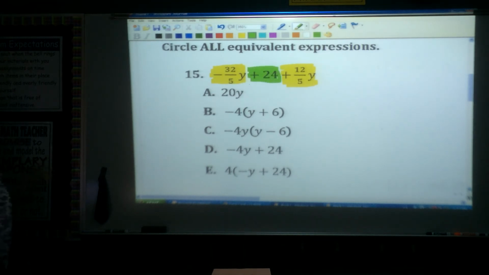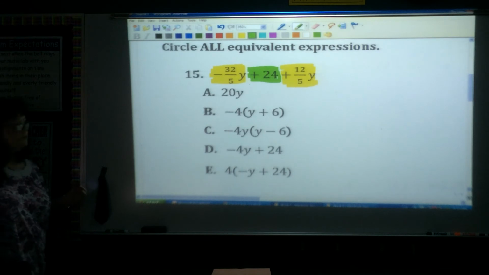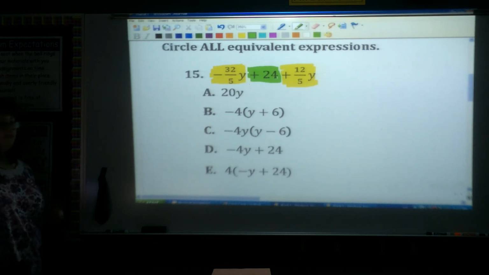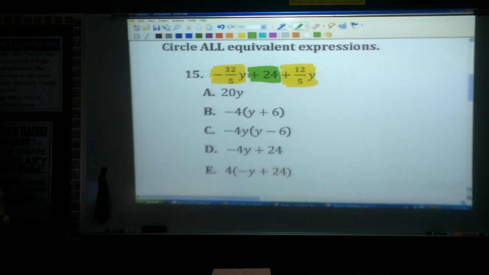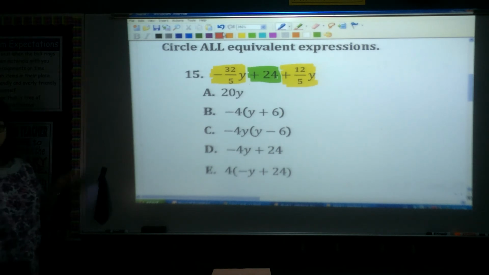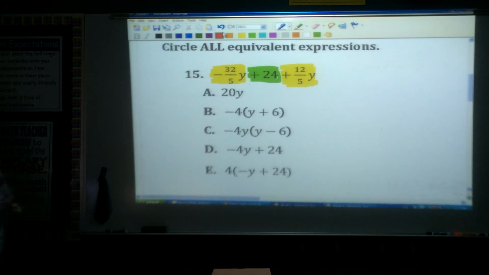So no matter what we get when we combine the y's, we have to have a plus 24 with it. I'm going to stop here and go through my answers and look for that plus 24 first. So when I look at option A, it's just a 20y and there's no plus 24. So that one I can eliminate right away.